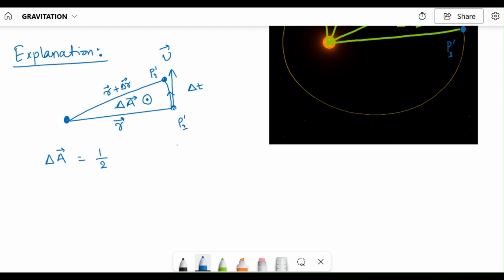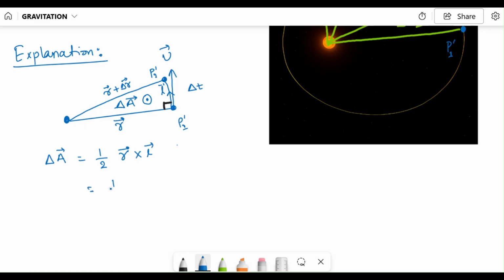We can consider P1 prime and P2 prime to be straight, and that this is nearly perpendicular, and in that case, this will resemble a right angled triangle, and you can write its area as delta A equals 1 by 2 times r, here we are using the cross product, mind it, and this length is L, so it will be L.